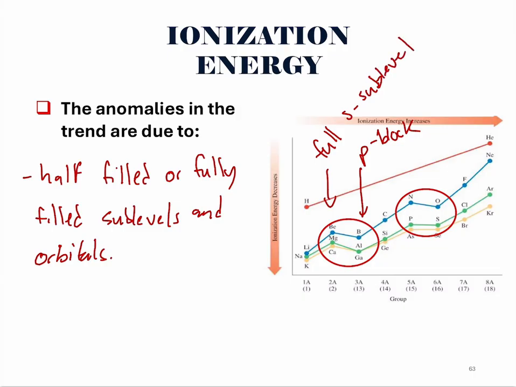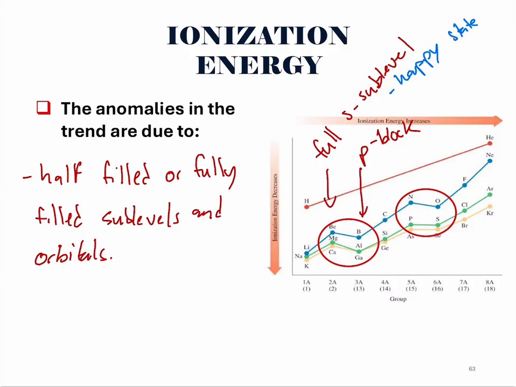And because that is a very, very happy state, it makes it easier to ionize these elements because you hit it with some energy and then it just becomes a full S sublevel. All right, so this is a happy state. So if it can reach that, it'll do so more easily than, for example, carbon.